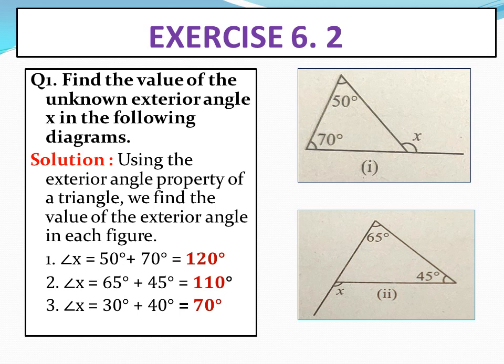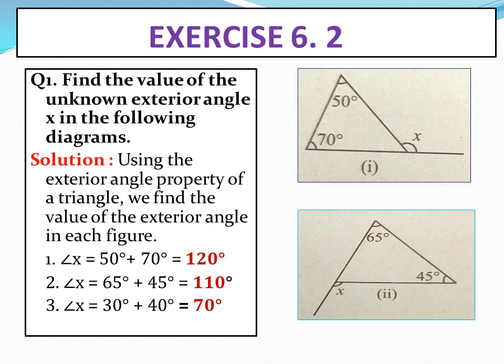The sum of the interior opposite angle measures is equal to the exterior angle. That means angle x equals 50 degree plus 70 degree. 50 plus 70 will get 120. So this 120 degree is the measure of exterior angle x.